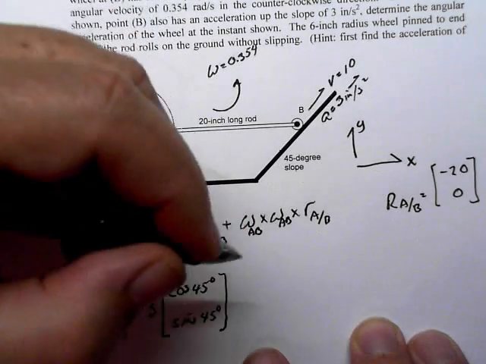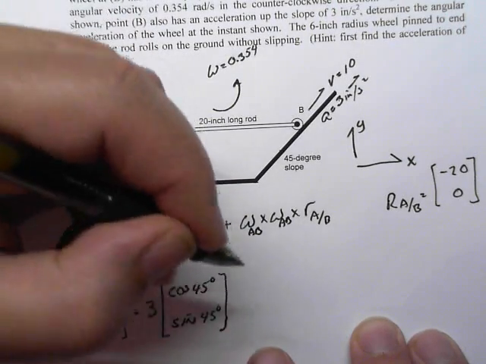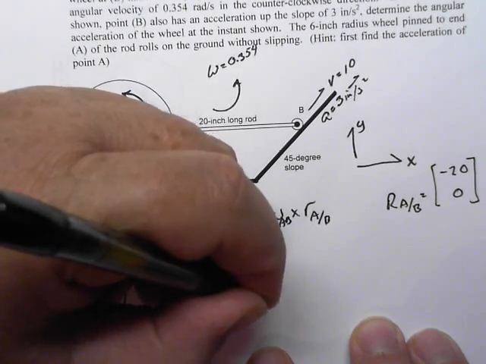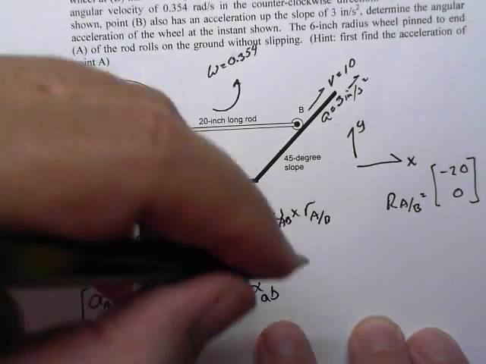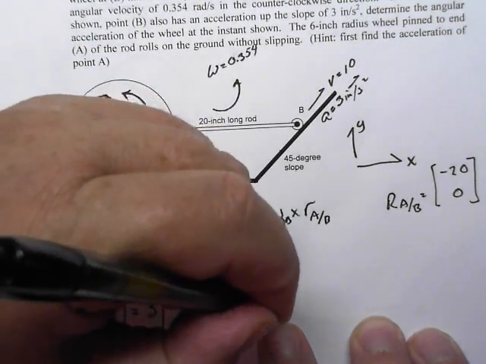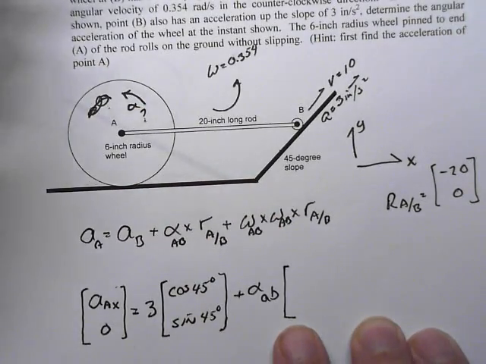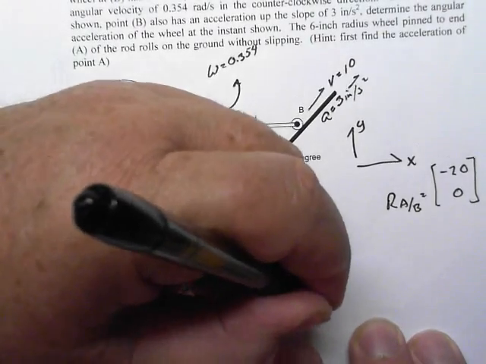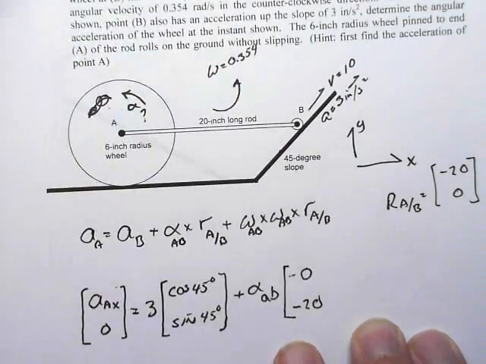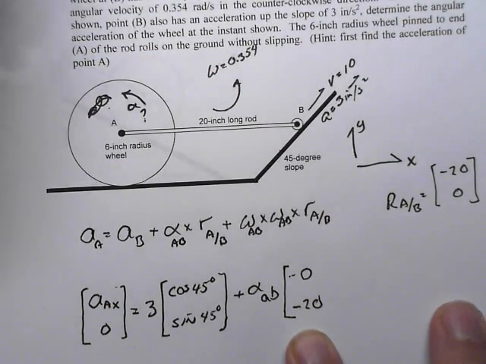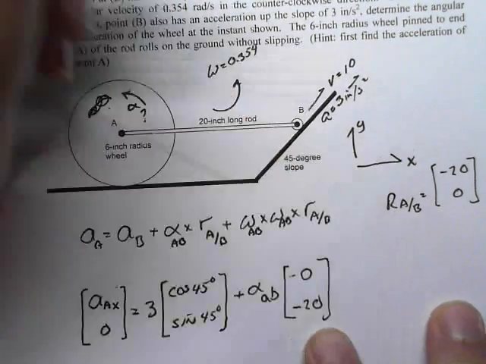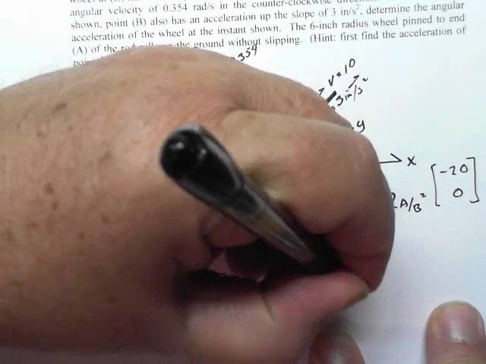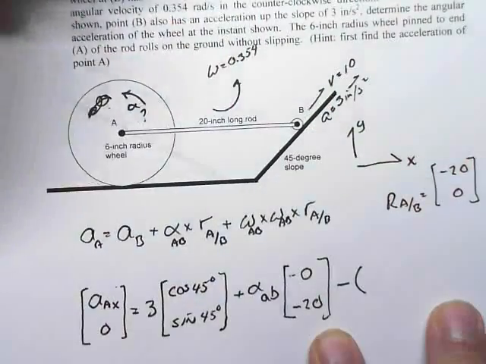And so this is going to be a plus alpha AB cross product. So I'm going to do the scalar multiply with the 0 and minus 20, and we'll put that minus sign in front of the 0, which is irrelevant. And then omega cross R becomes minus, and what is omega AB?